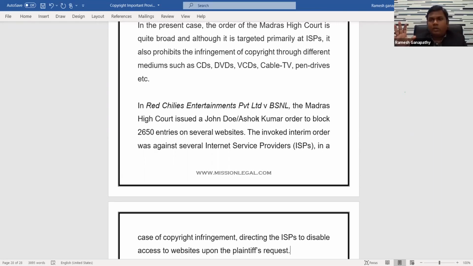So what the ISPs will do is that the moment they get a court order and they send an email, or they contact all the ISPs to block all these websites, wherever they have a belief that these websites may issue. Because by seeing their history and by seeing their previous activity, we all know which websites are genuine websites and which websites are mainly telecasting pirated movies or pirated contents.